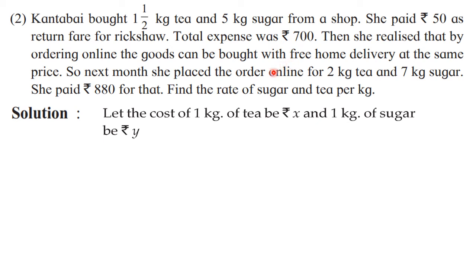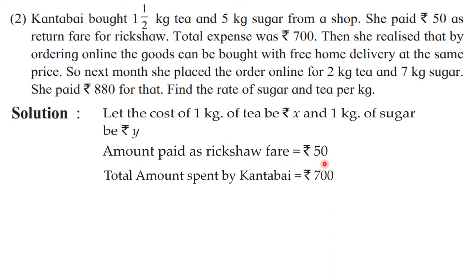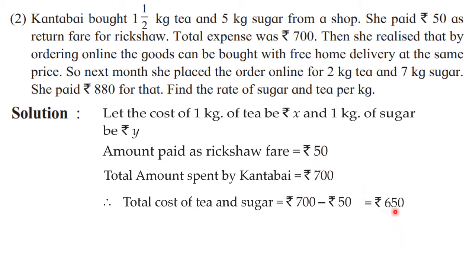So let us write it step by step. Amount paid for rickshaw is rupees 50. The total expense was 700, and that is why the total cost of tea and sugar is 700 minus 50, that is rupees 650. This you need to understand.